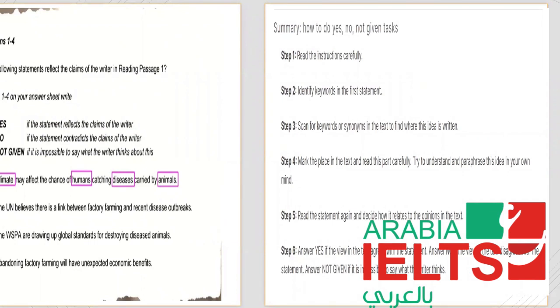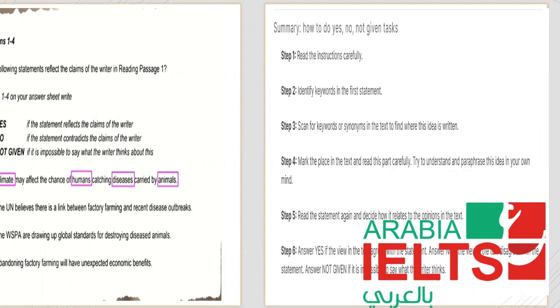Now, yes, no, not given. So you can see here an example of yes, no, not given questions taken from one of the Cambridge reading practice tests. As I said, it looks a bit similar to true, false, not given, but the whole idea here is different.